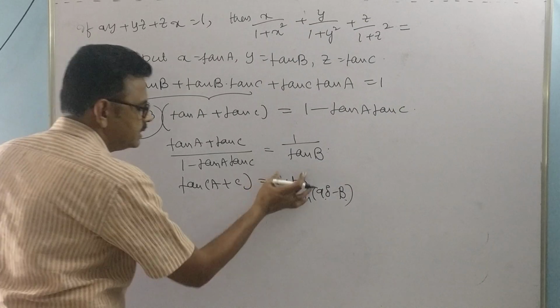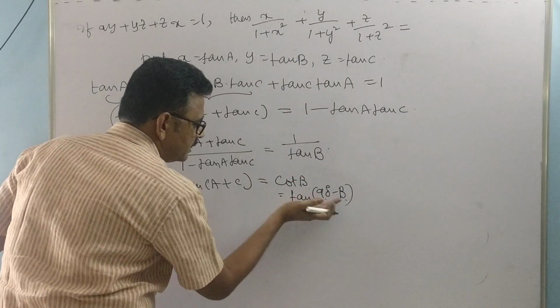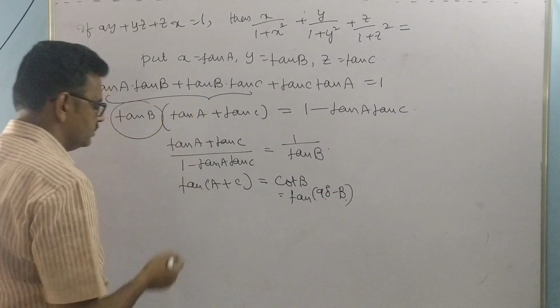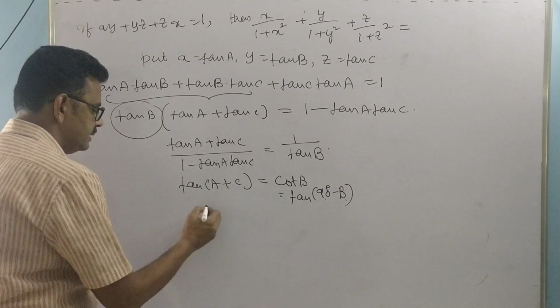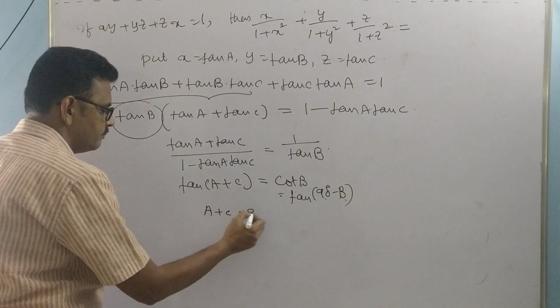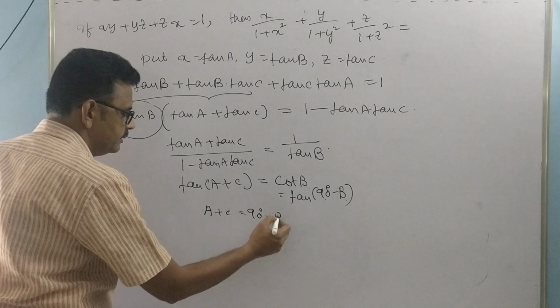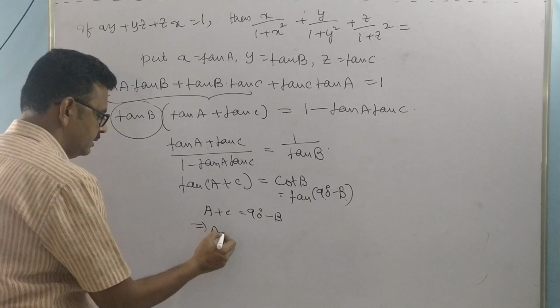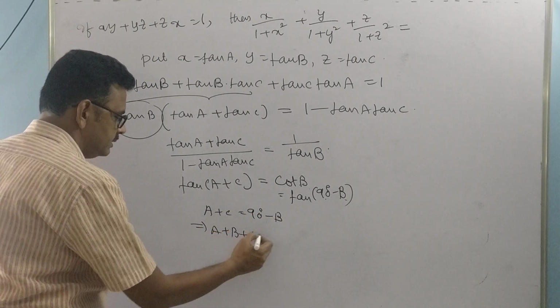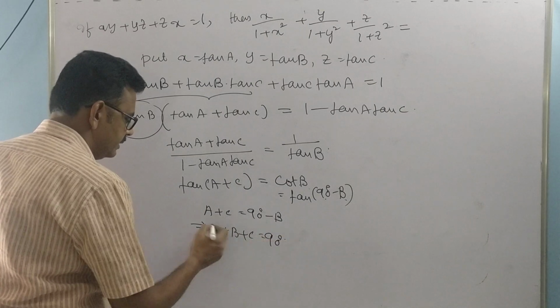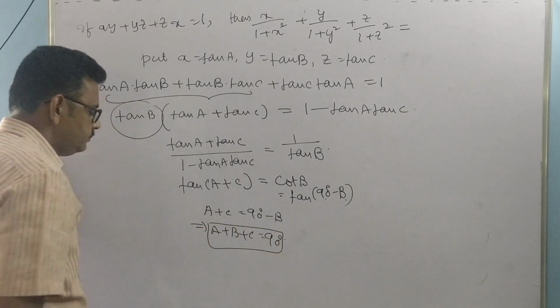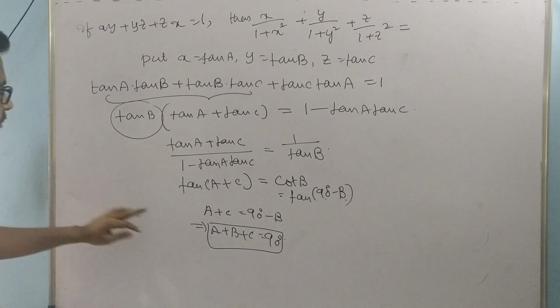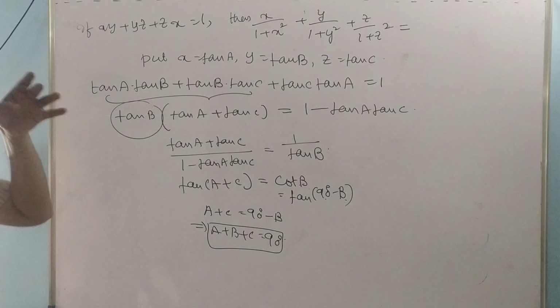Cot B. So implies A plus C equal to 90 degrees minus B. Implies A plus B plus C is equal to 90 degrees.